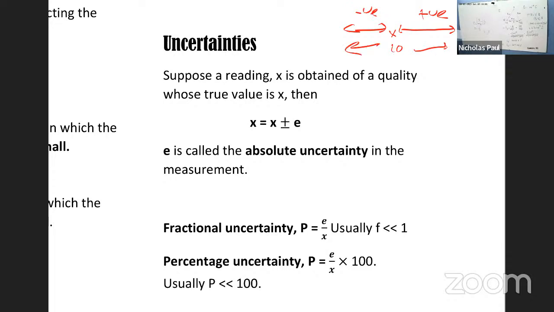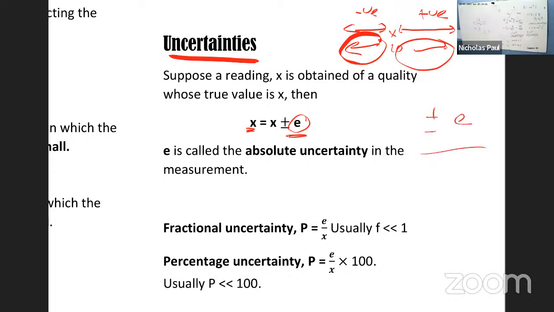How far away we are is called the uncertainty, E. Every value has an uncertainty, and we're going to use those uncertainties now in our calculations. E is called the absolute uncertainty. The fractional uncertainty is E over X. The percentage uncertainty is the error on X over X, times 100.